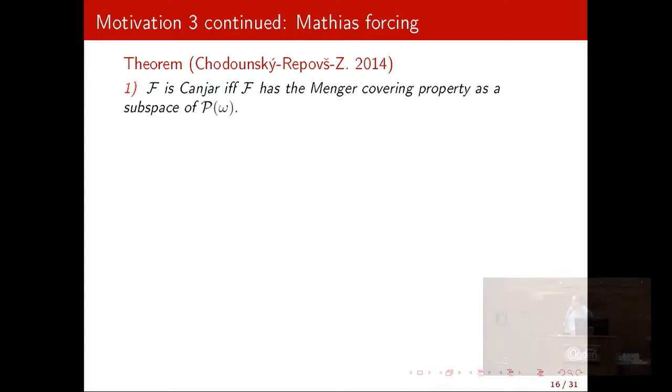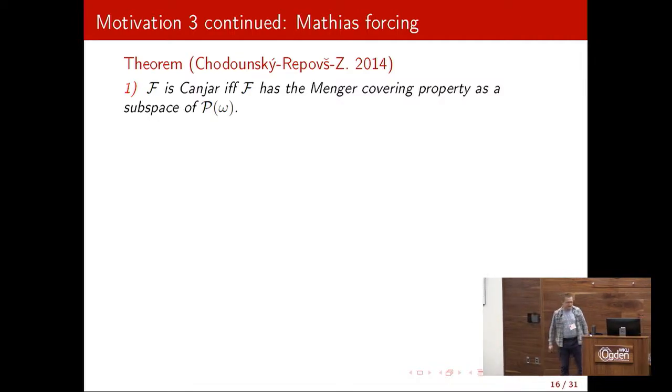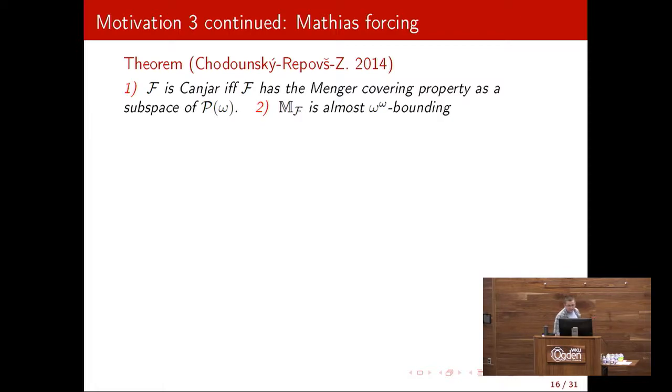A filter is Canjar if and only if it is Menger with respect to the topology inherited from the Cantor set, and the Mathias forcing is almost omega-bounding.